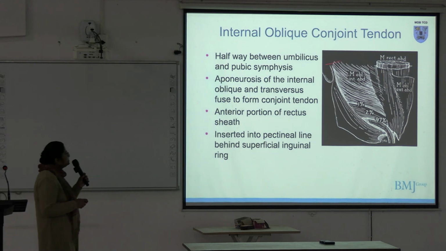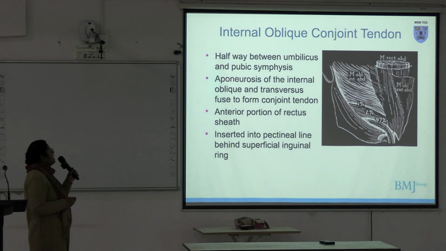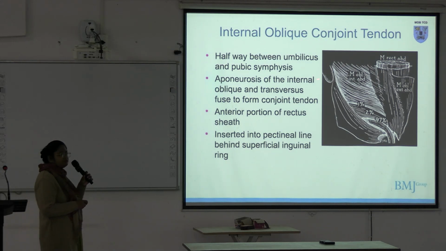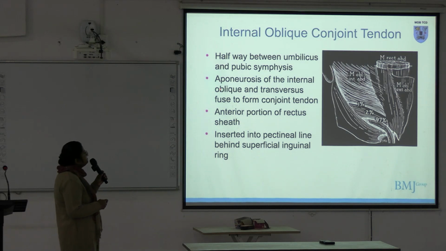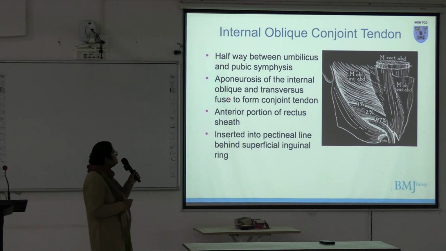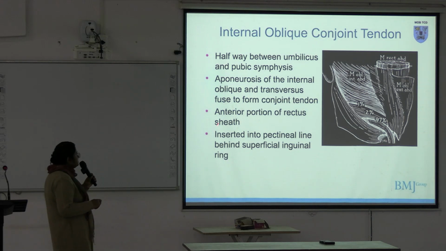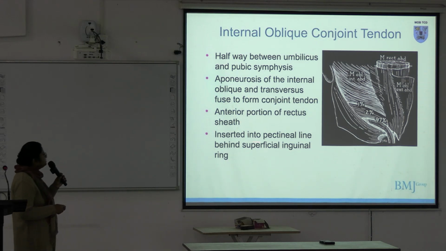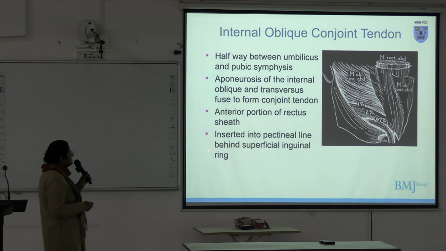Now this is formation of the conjoint tendon. Halfway between the umbilicus and pubic symphysis, aponeurosis of internal oblique and transversus abdominis fuse to form the conjoint tendon. It is inserted over the anterior portion of the rectus sheath and into the pectineal line behind the superficial inguinal ring. So, all these are insertions of the conjoint tendon.